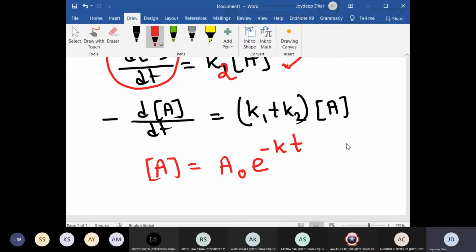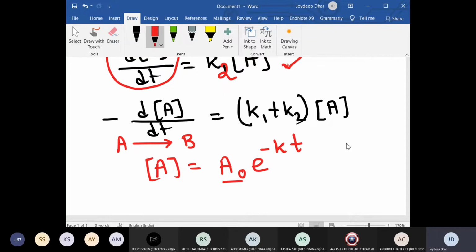This is general, after solving the rate equation for a unimolecular reaction where rate constant is k. So if I have A to product B, then at time t the concentration of A will be initial concentration of A, that is A naught, multiplied by e to the power minus kt.